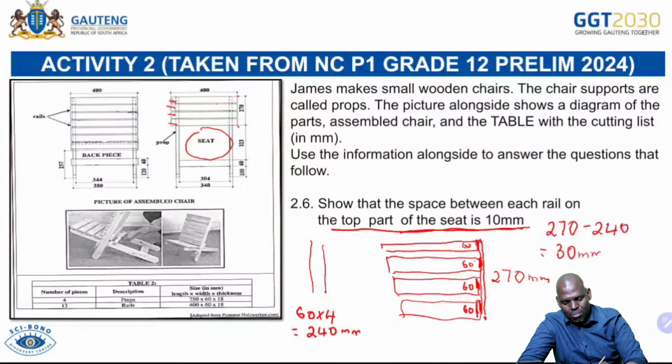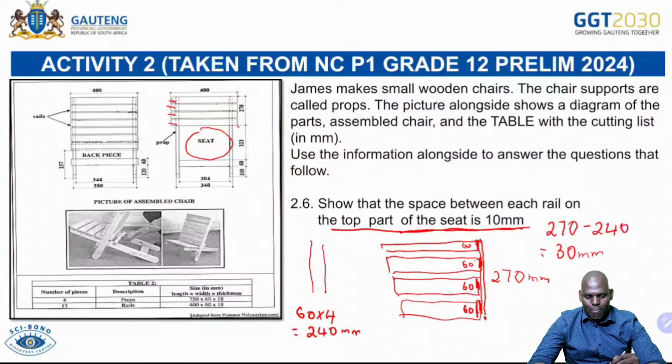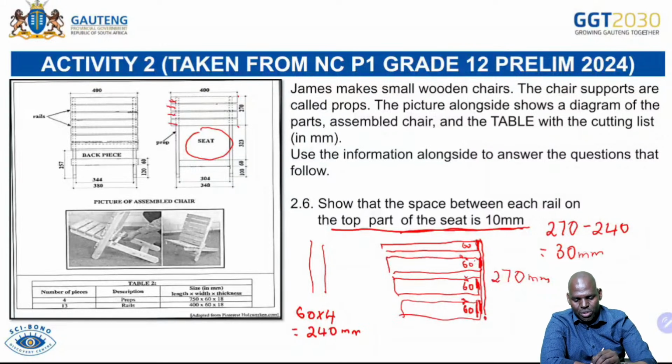So it's 30 millimeters. Okay, but how many spaces are there? There's 1, there's 2, there's 3 spaces. So there's the first space, the second space, and the third space. Remember, even if there are 4 of them, there's only 1, 2, 3 spaces in between. So we take 30, we divide it by 3, and then we get 10 millimeters.